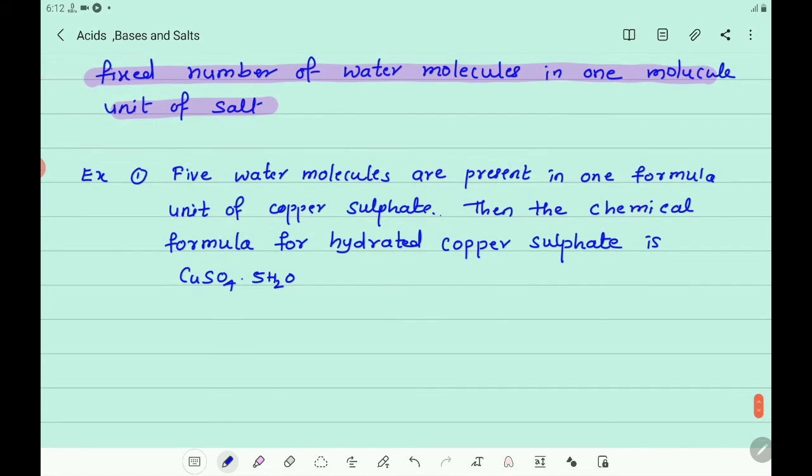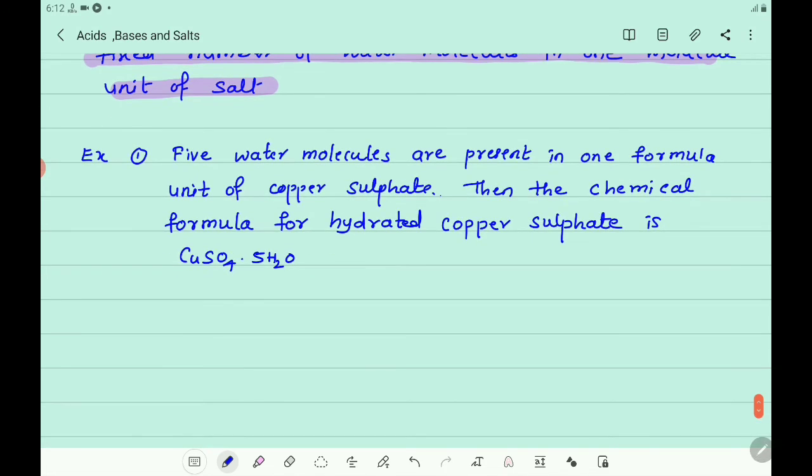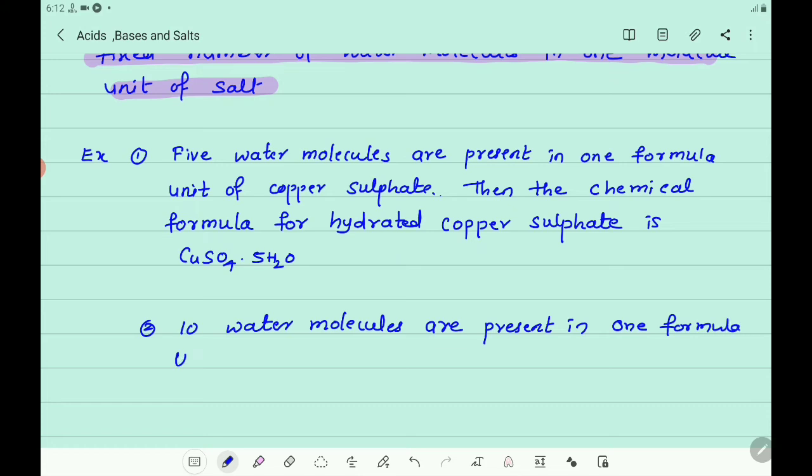Then next, take one more example. 10 water molecules are present in 1 formula unit of sodium carbonate.